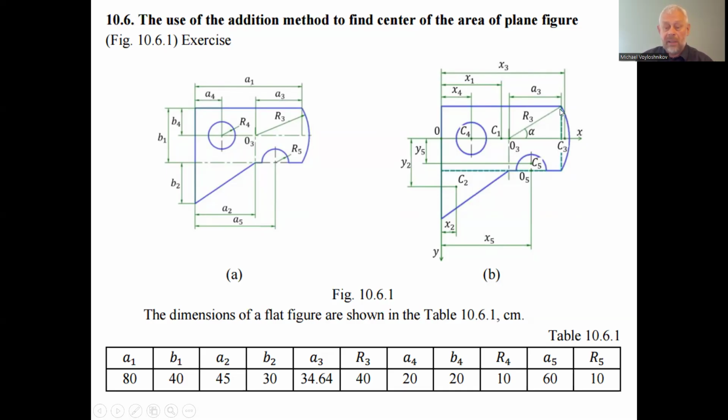One leg is half of the width of this rectangle, half of rectangle B1 width, 20 centimeters. Another leg, A3, is 34.64 centimeters. So we can find alpha as the arctangent of 20 divided by 34.64. This will give us the angle alpha.